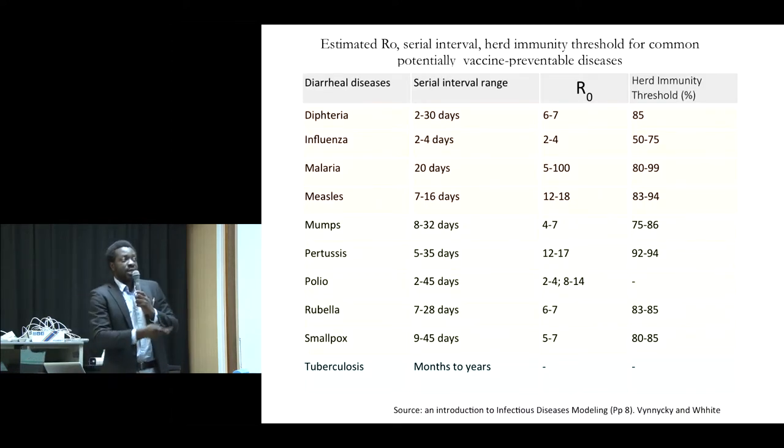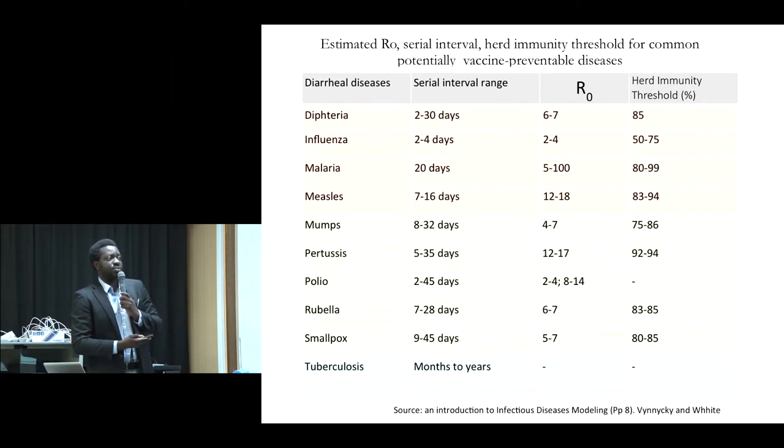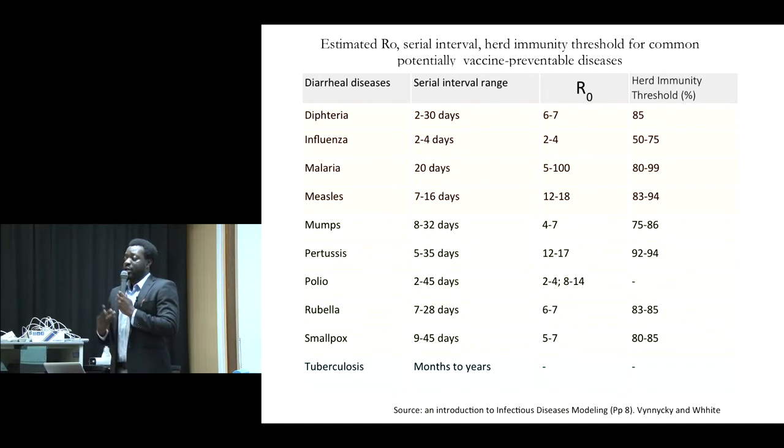And as you can see, different diseases have different estimated R naught. For example, for diphtheria, it's 6 to 7. And it has also different estimated serial interval. You remember, we've seen it in the beginning of this lecture. Measles has a very high R naught, meaning that measles can transmit very effectively because one person with measles can give it to 12 up to 18 other people.